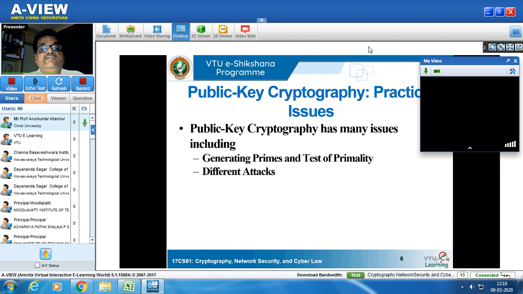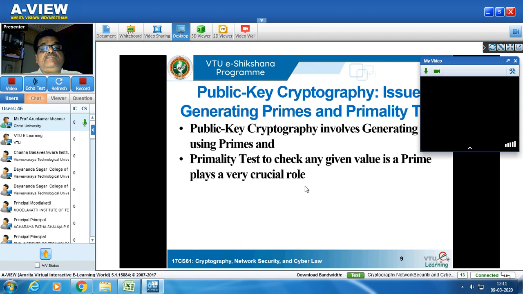Second one is the different types of attacks that may be taking place on the message which is getting exchanged over insecure cyberspace or communication channel. And public key cryptography involves generating primes and using primality tests to check whether any given value is a prime or not.